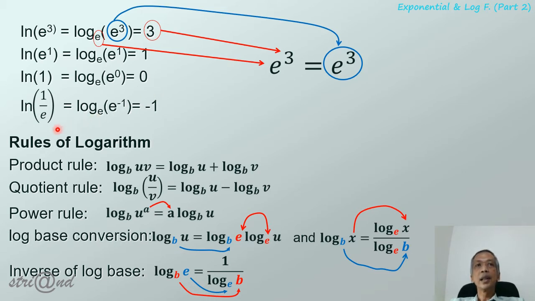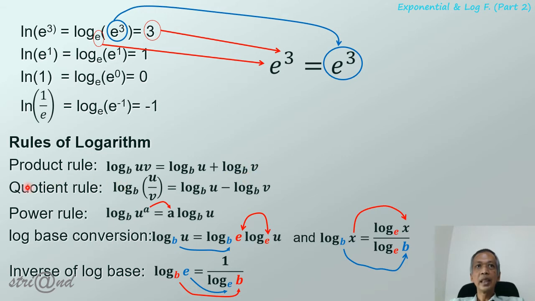And there are some rules in logarithm. The first one, the product rule. The product rule says if we have the logarithm of u times v to the base of p, it is equal to the logarithm of u to the base of p plus the logarithm of v to the base of p.